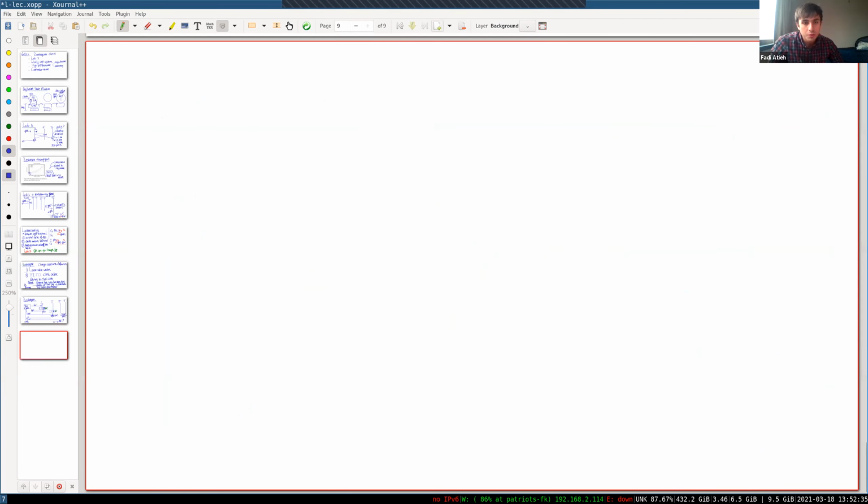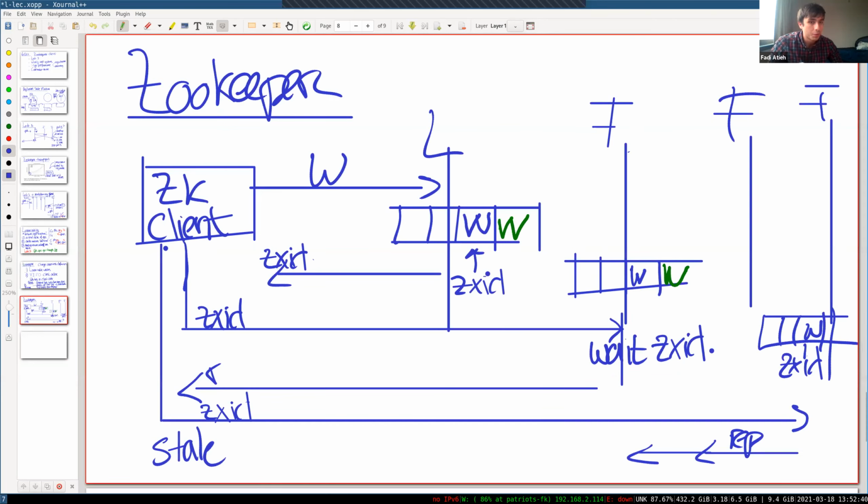Also, when you say that from the read you get stale data, the client in the read request supplied the ZXID within it. So it's as if the client knowingly wanted that location in the log that had the ZXID as its index. Didn't it knowingly request that specific prefix of the log?